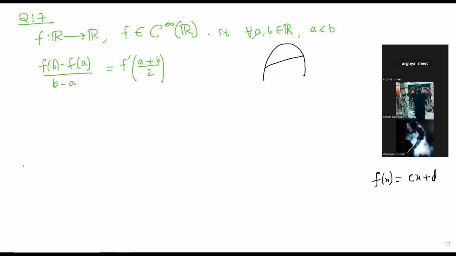Yeah, you can just, Arika, if you have something to say, you can just say. Sir, what is the notation? F belongs to C to the power infinity bracket R. What is the notation? This is just infinitely differentiable. Okay. And what is C? Yeah, so you can just translate it to infinitely differentiable.